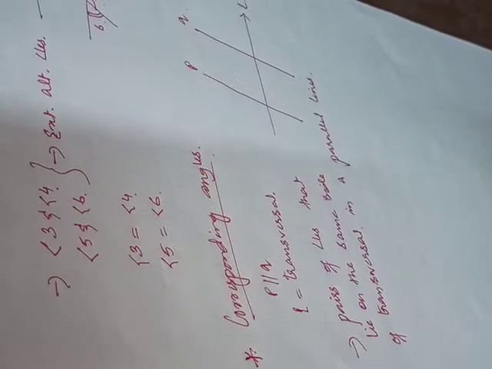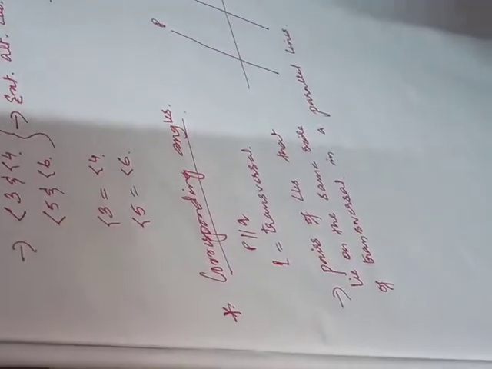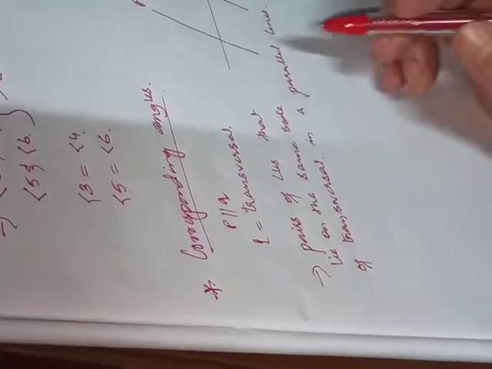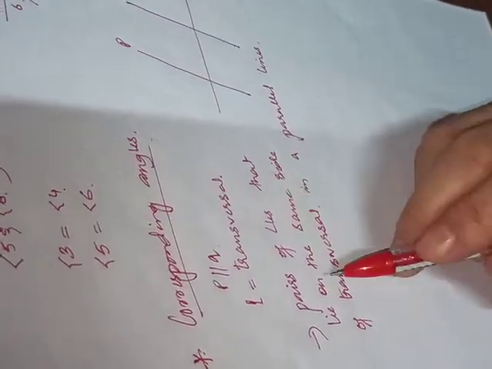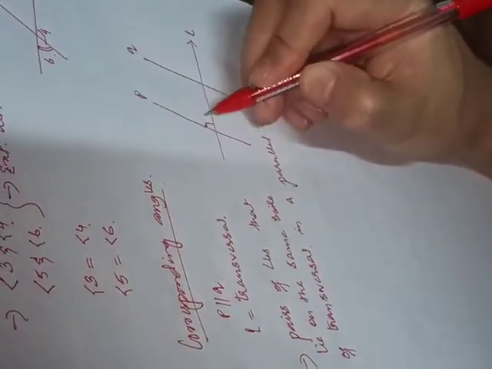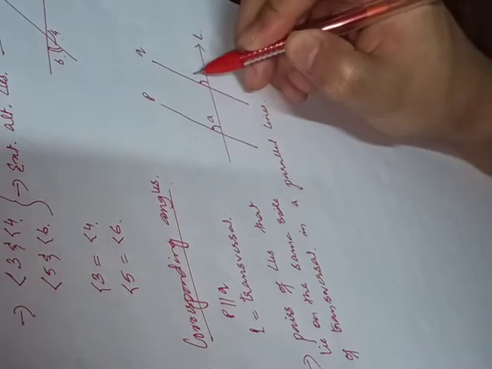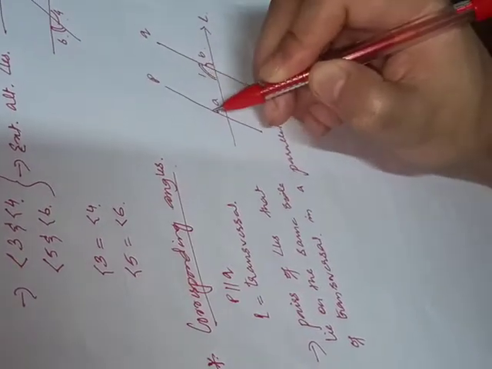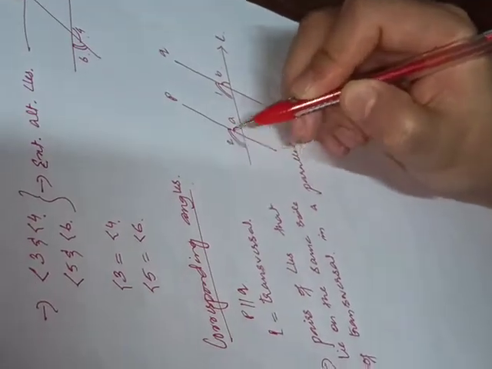All right, before I give you the difference, what I want you to pay attention to here is that corresponding angles are pairs of angles that lie on the same side of a transversal in parallel lines. So let's take this angle as A, this angle as B, and this angle as 1 and this angle as 2, correct?